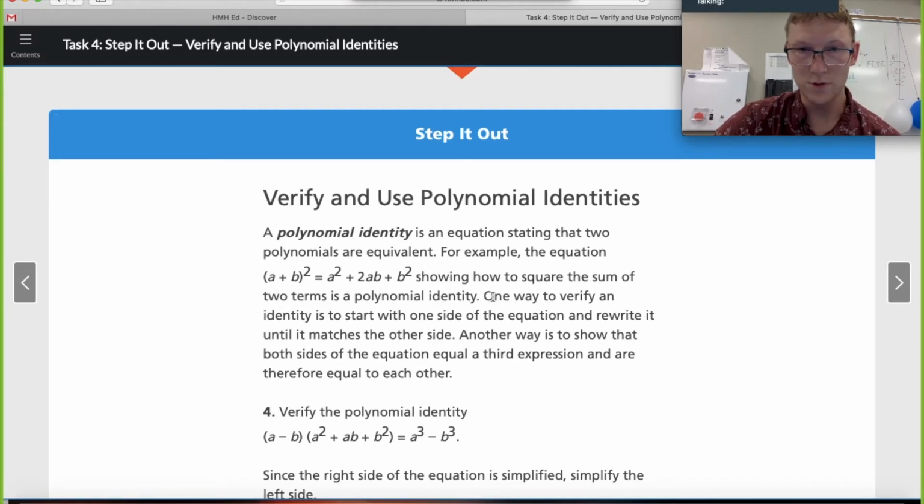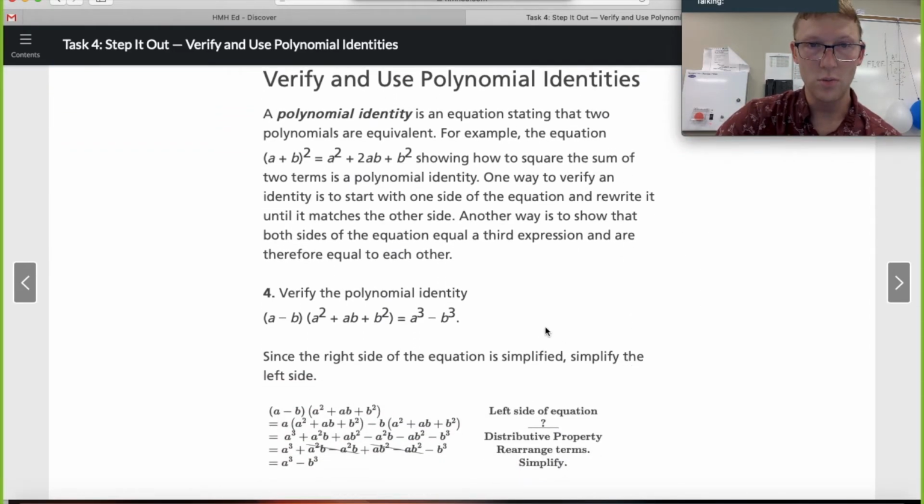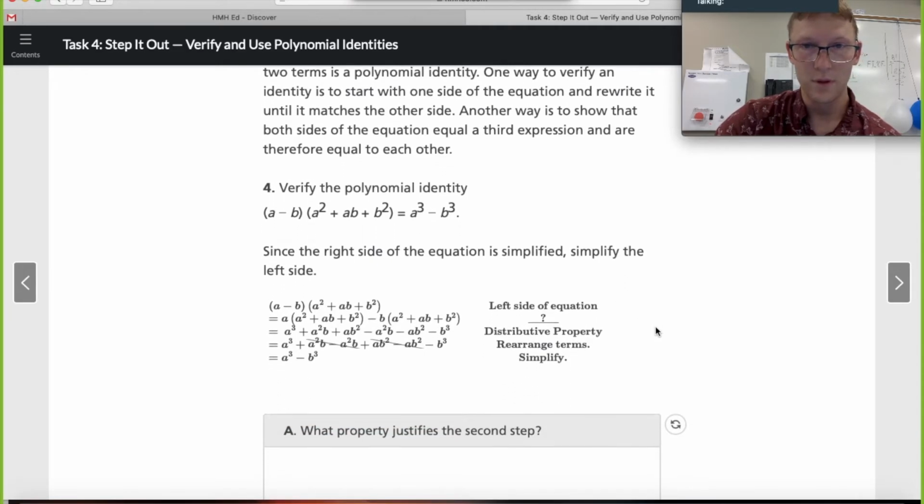The first way to verify the identity is to start with one side and rewrite it until it matches the other side. Another way is to rewrite both sides until they both equal a third expression. So either way will basically prove a polynomial identity. So we can try it out.